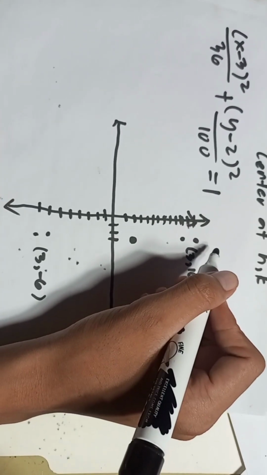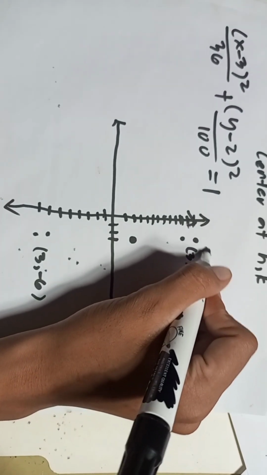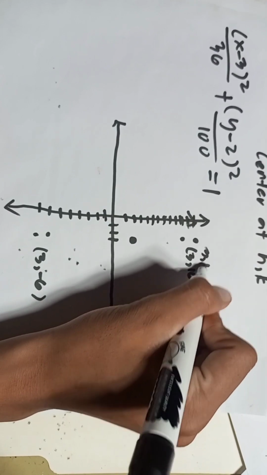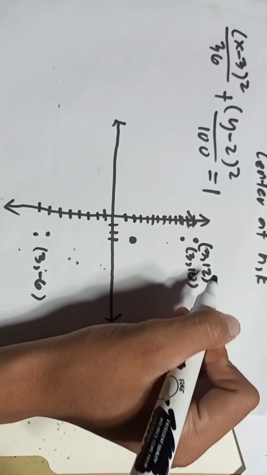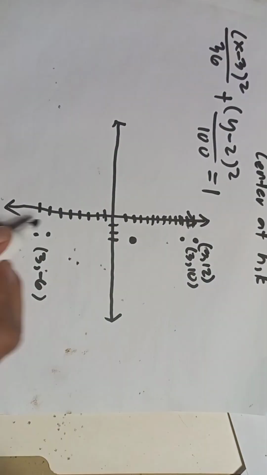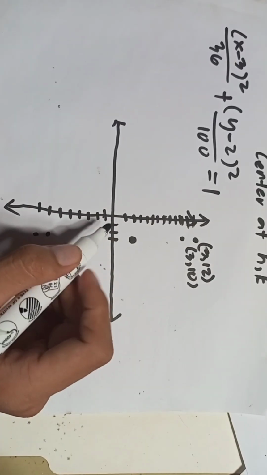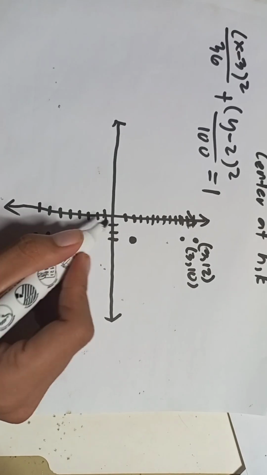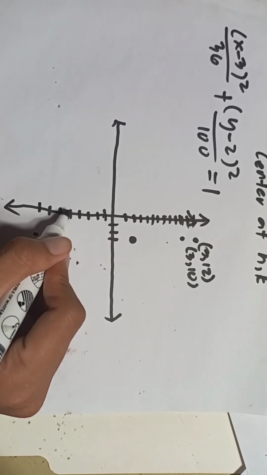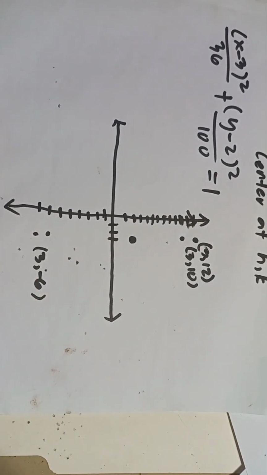So positive 3, 12 is V sub 1. Our V sub 2 is 3, 1, 2, 3, 4, 5, 6, 7, 8, so 3 and negative 8.